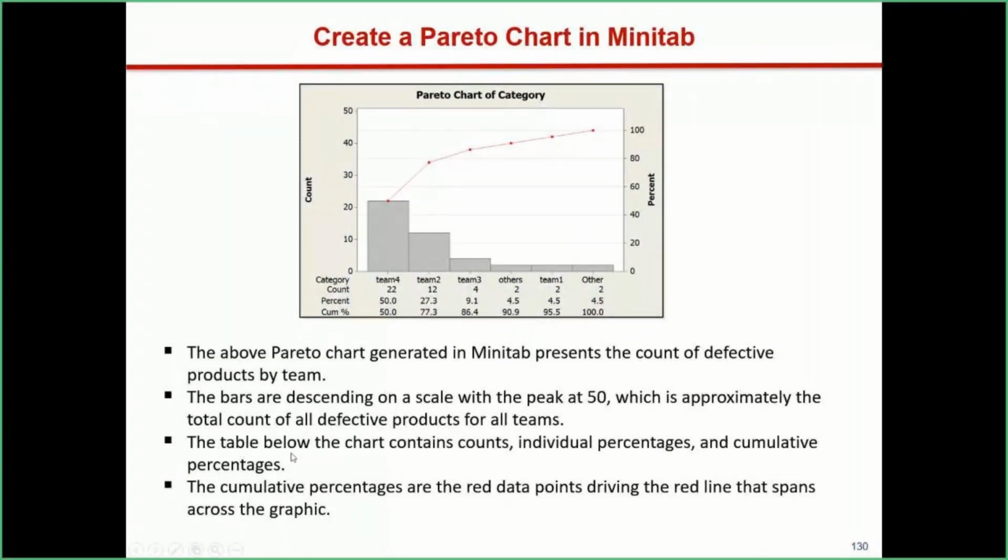The table below the chart contains counts, individual percentage, and cumulative percentage. Cumulative is added: 50, then 27.3 makes 77.3, and so on. The cumulative percentages are the red data points driving the red line that spans across the graph.